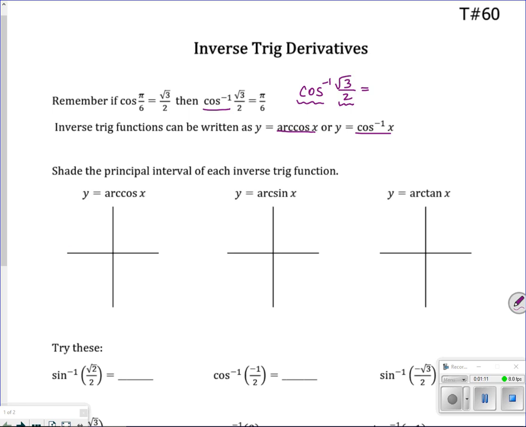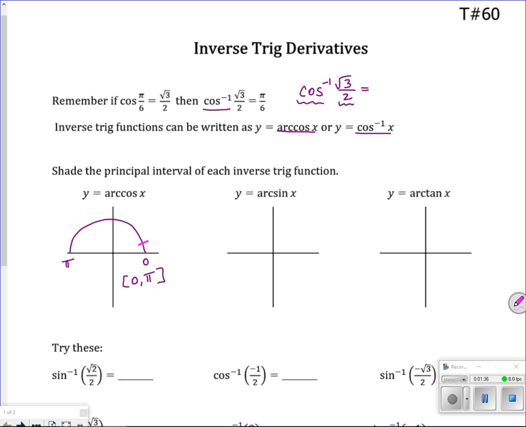So for arc cosine, you're only looking in quadrants 1 and 2, so your answer will be between 0 and pi. That's why when it says, give me the arc whose cosine is square root 3 over 2, the only one in that principal interval is pi over 6.